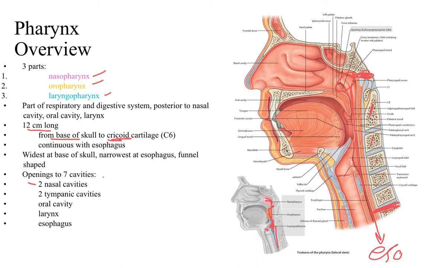The 2 nasal cavities, remember those structures we talked about in the nasal and oral cavity lecture, the choanae. 2 tympanic cavities, and tympanic is going to refer to the tympanic membranes of the ear, and we'll talk about the openings to that. The oral cavity, and that's going to be right there, obviously. We'll do that in a different color. The larynx, which is going to be right here, and the esophagus, which is going to be down here.